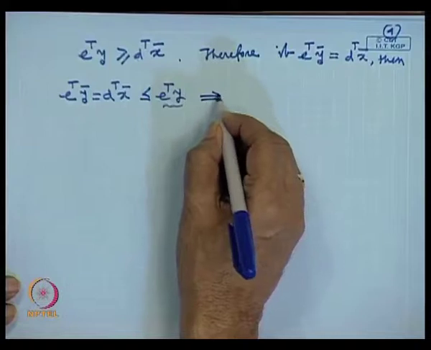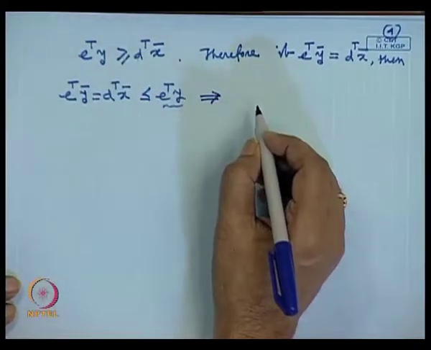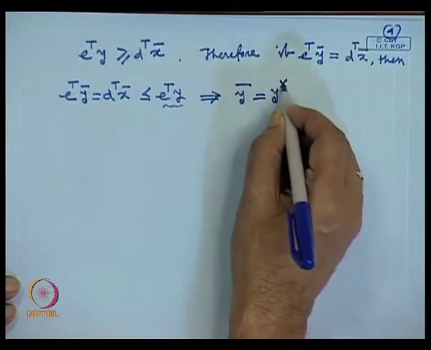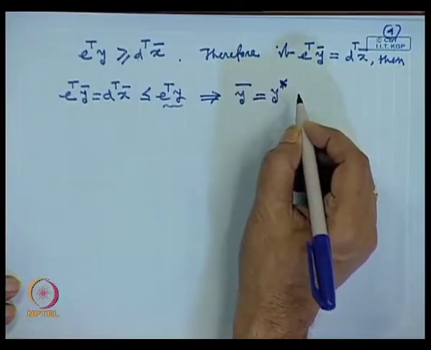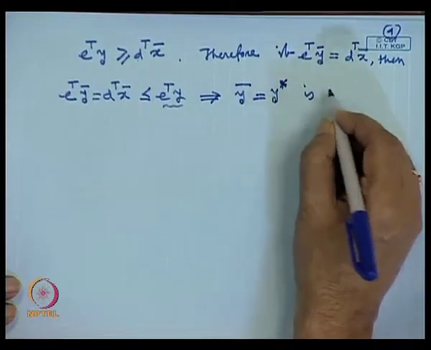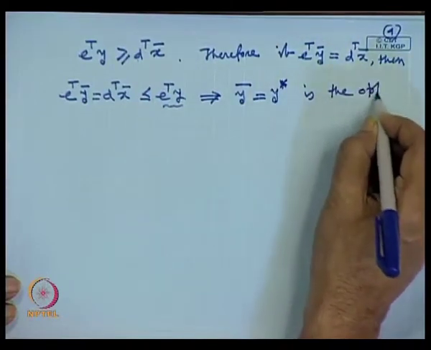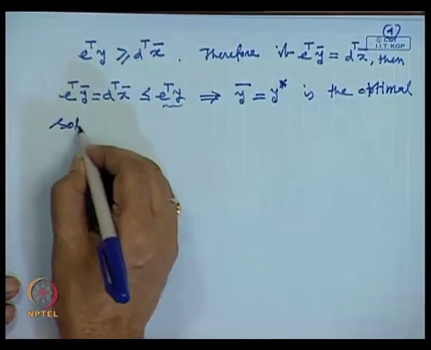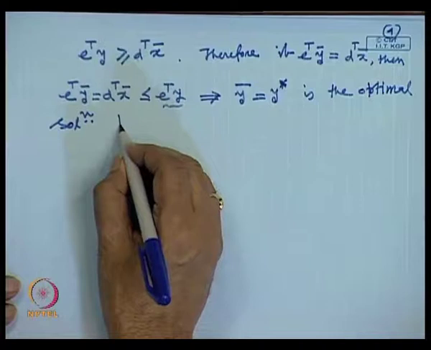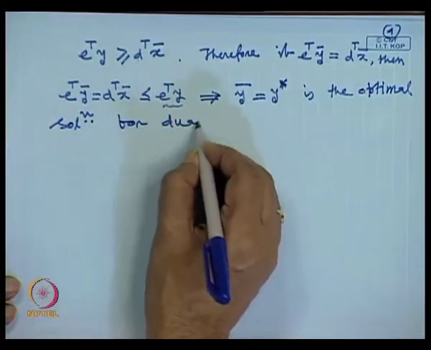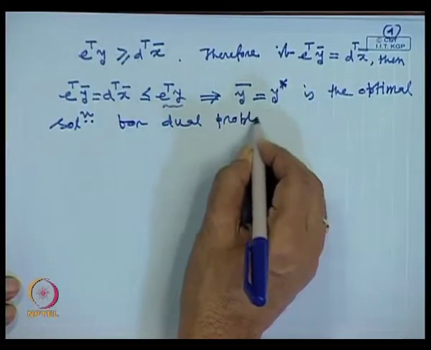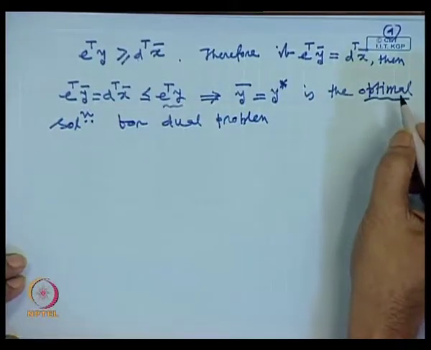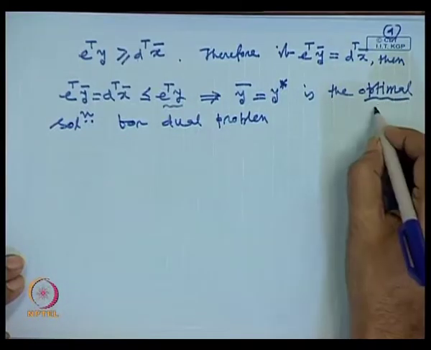This implies that y bar is nothing but the optimal solution of the dual problem. The dual problem is a minimization problem.